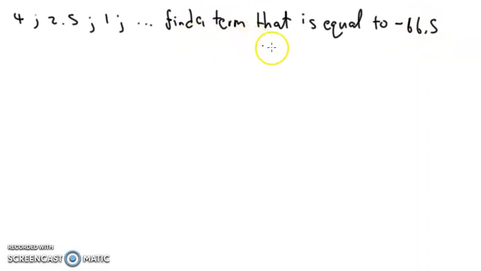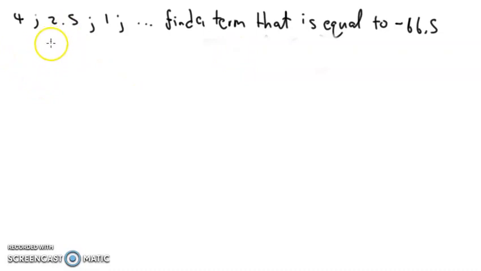When you're asked to find a term, you are essentially asked to find the value of n. This is what we want. So in order for us to find the value of n, we've got to find the equation of n first.